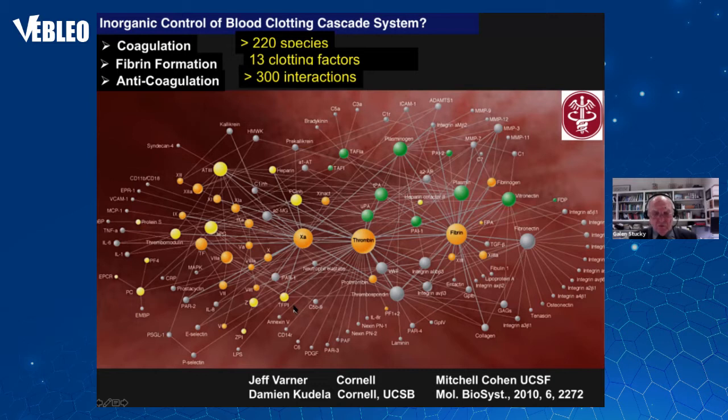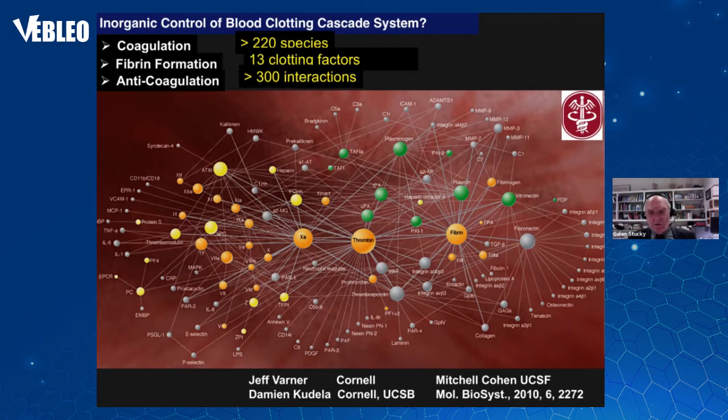But the important thing here is the blood clotting system is not only coagulation, it's really an amazing integrated configuration in which there's initiation of the clotting, and then there's the clot formation itself. But in process, like many things, there's a yin and a yang to it.